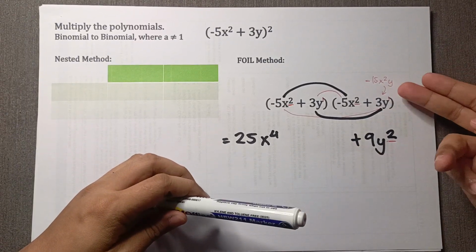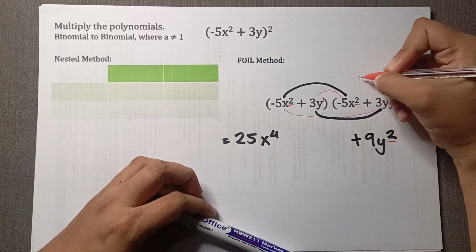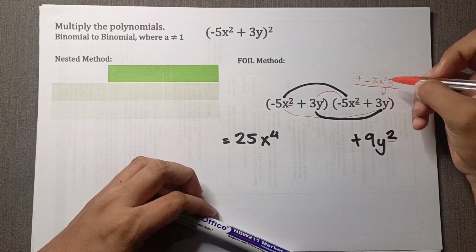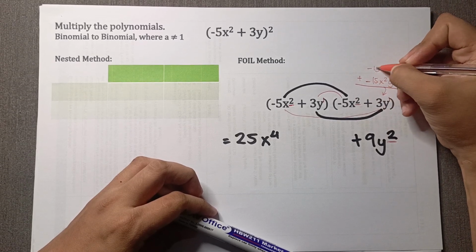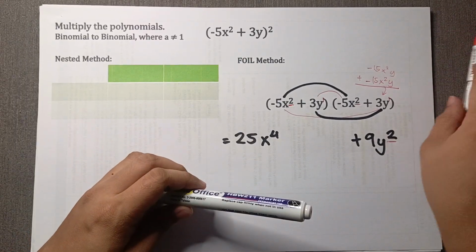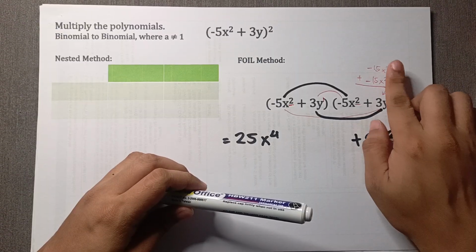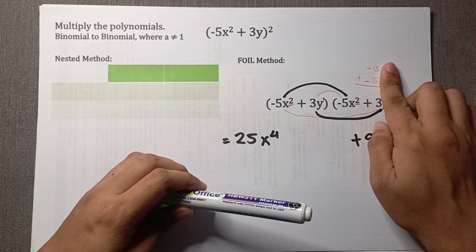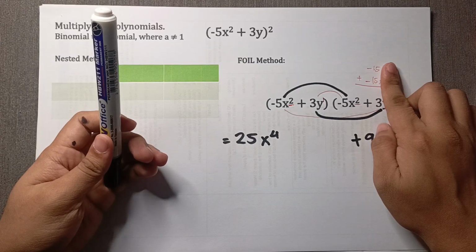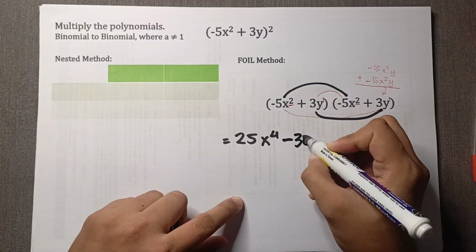Now, kapag mag-add tayo ng dalawa pang ganyan, so we add them together ng isa pang negative 15x squared y, negative 15 plus negative 15, huwag nyo munang tingnan ito since pares naman sila. So we have negative 30 or minus 30 na lang.